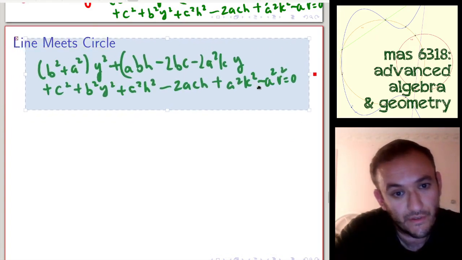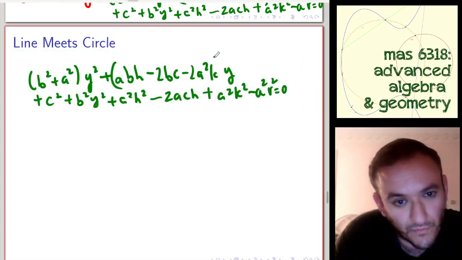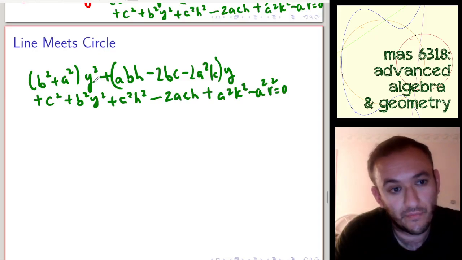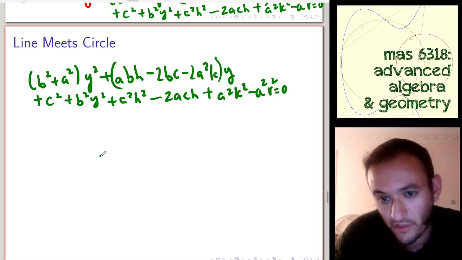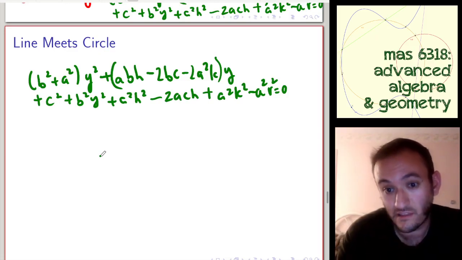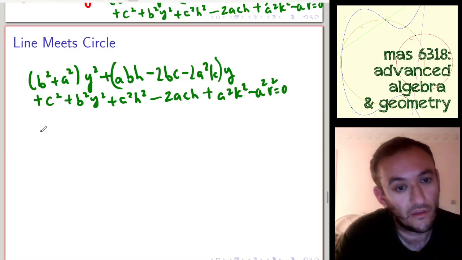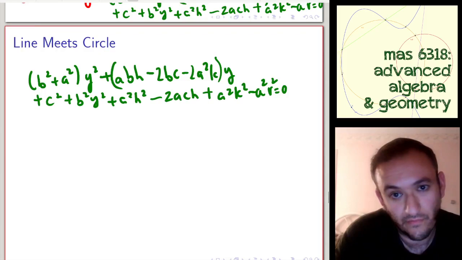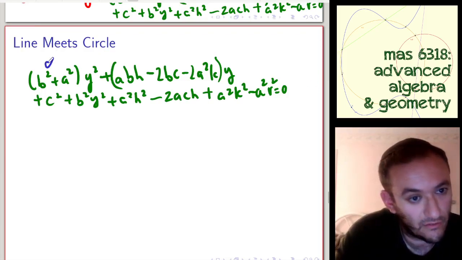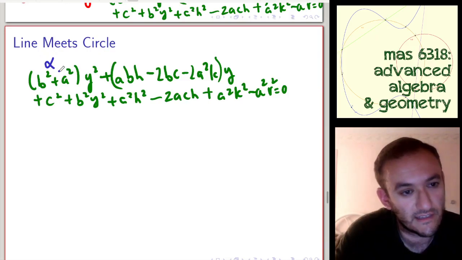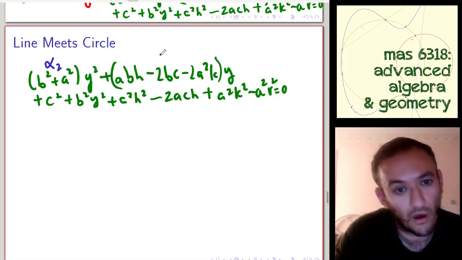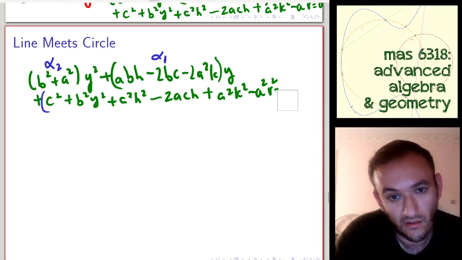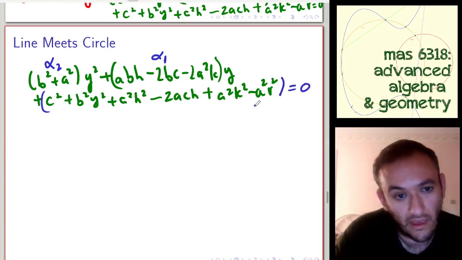Okay, so what do we have here? Well, we have a quadratic equation in y. All of the other letters are constants. You can just plug them in and then solve for y. Okay, so let's call the coefficient of y squared alpha 2, the coefficient of y alpha 1, and the constant term alpha 0.